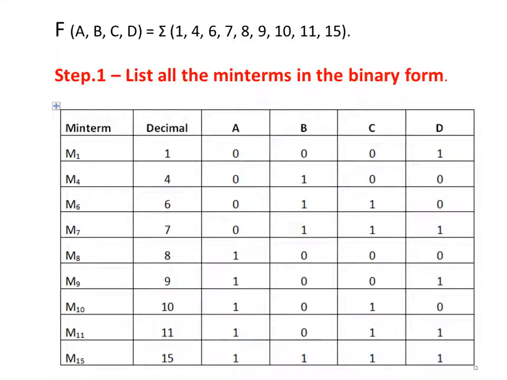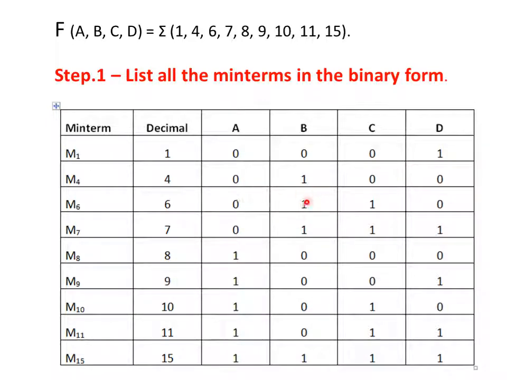Now, the next step is grouping by number of ones. For example, minterm 1 and minterm 4 have one 1 in the binary representation, so we are grouping these two into group 1. Next, we group those with two ones.